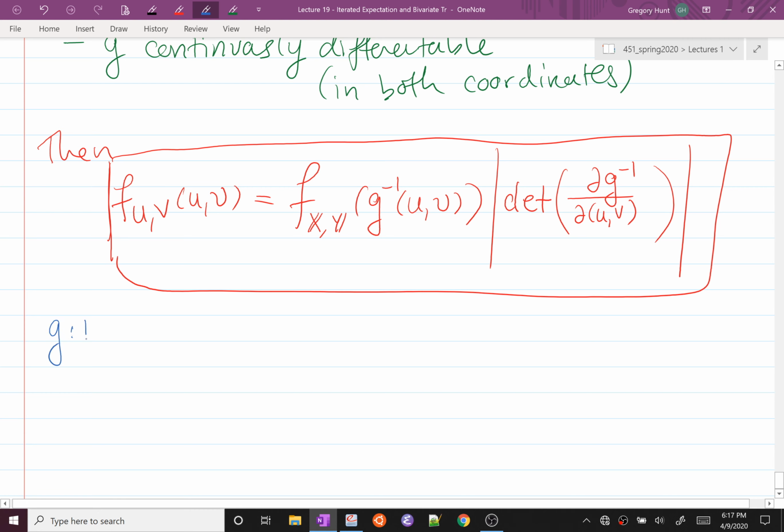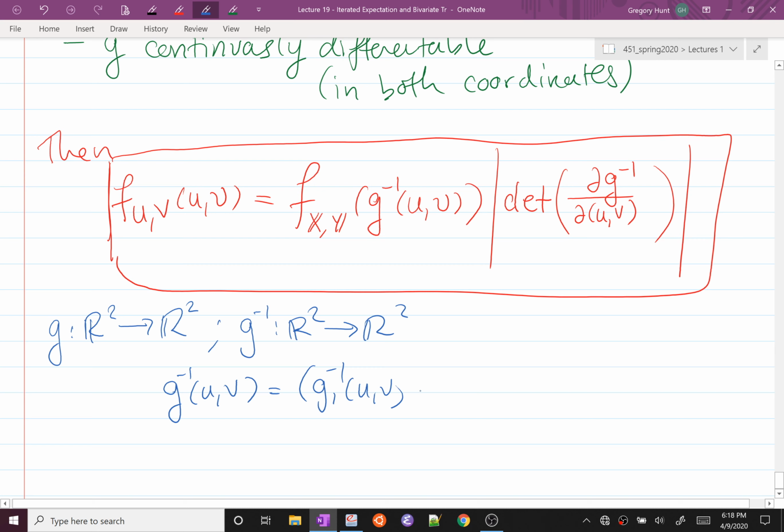Notice that g is a function R2 to R2, and so g inverse is also a function R2 to R2. And I can call the components: g inverse of (u, v) is going to have two components, g1 inverse of (u, v) and g2 inverse of (u, v).